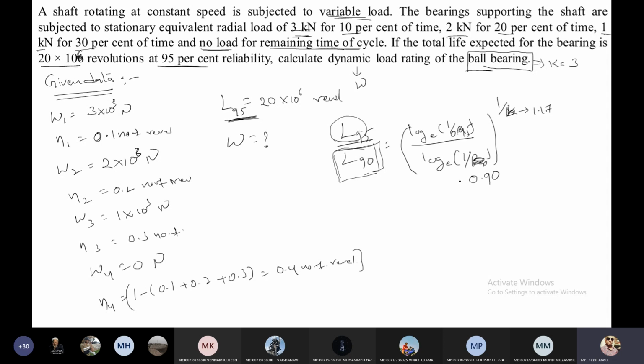Okay. Now with this relation, what is log 1 by 0.95? Please substitute in your calculator. Just tell me the value.